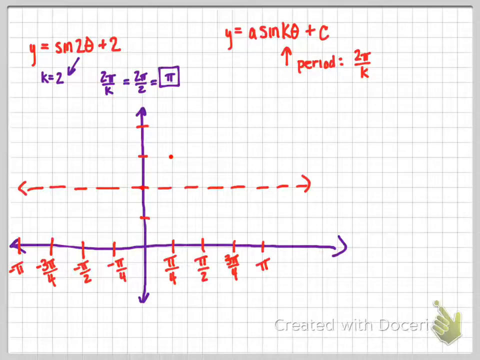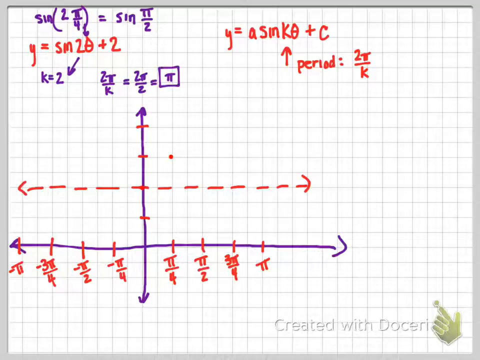But if I were to plug that into my equation, when theta is pi over 4, the sine when theta is at pi over 4 will be the same as the sine of pi over 2, just to illustrate what that period change means. That means when I'm at pi over 4, I'm really doing the sine value of pi over 2. So that's why we're at a max already there.